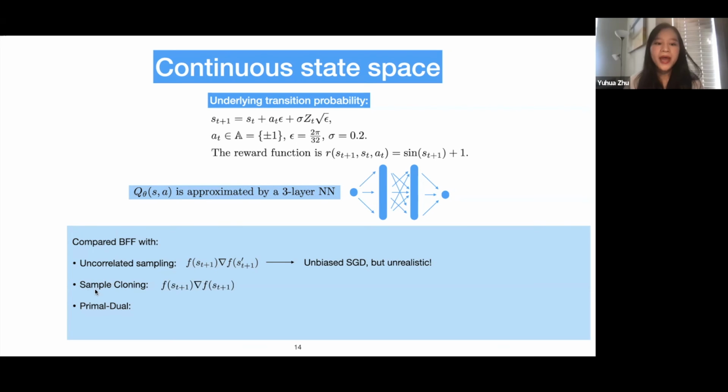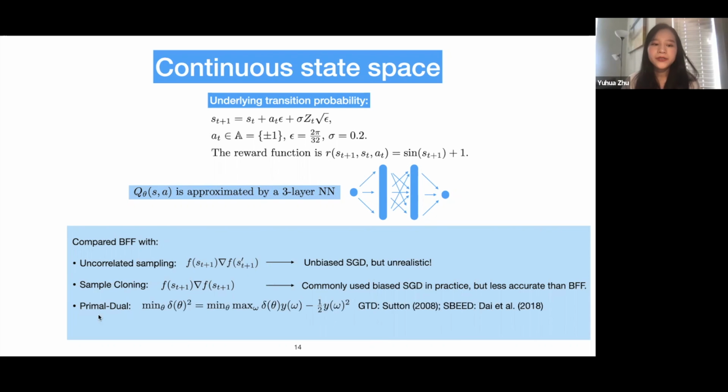And we compare our BFF with sample cloning, where we just duplicate the first sample to the second sample. This will be worse than our method because these two samples are correlated with each other. But our method will reduce the dependence of these two samples.